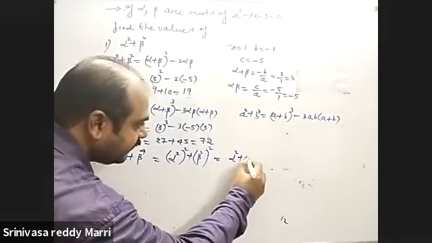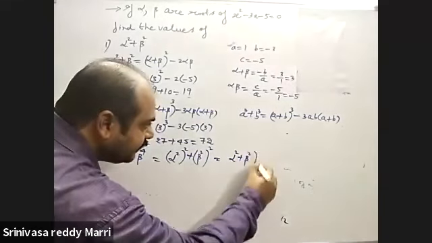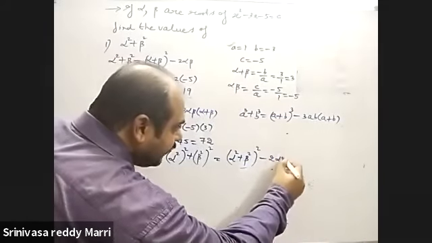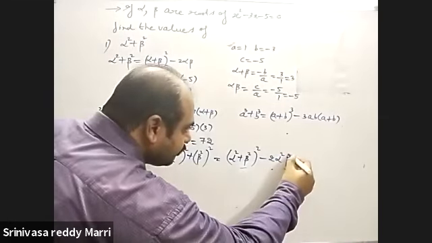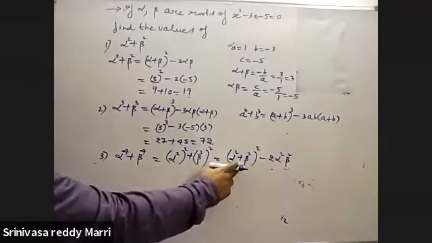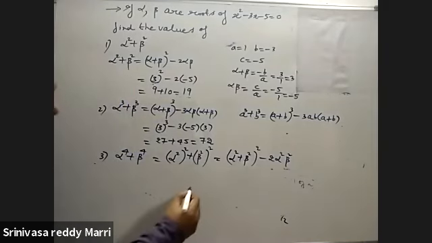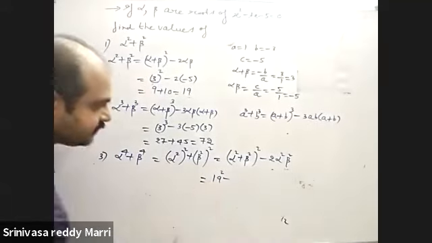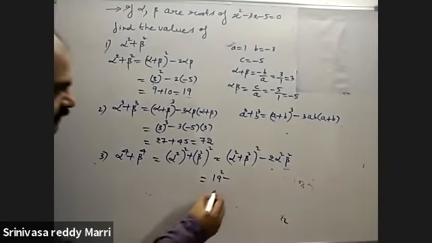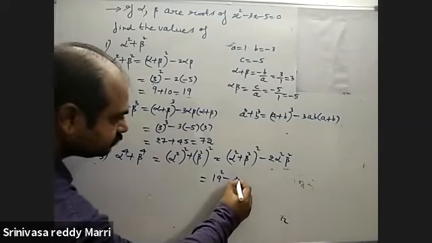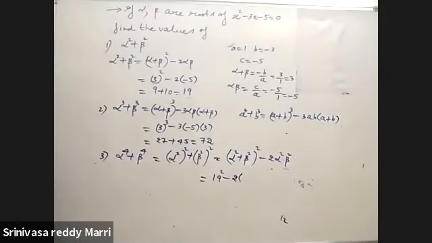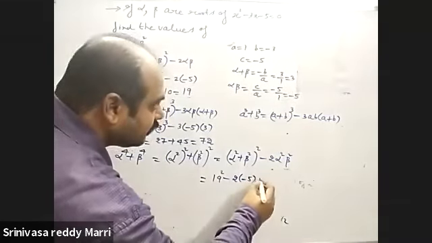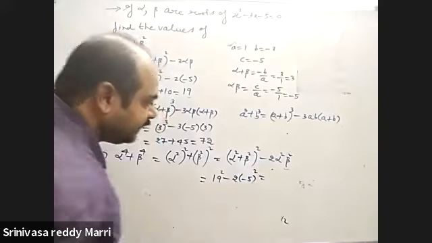That means again you can write a plus b whole square minus 2ab. Alpha square plus beta square you have already calculated: 19 square minus 2 into alpha beta whole square.